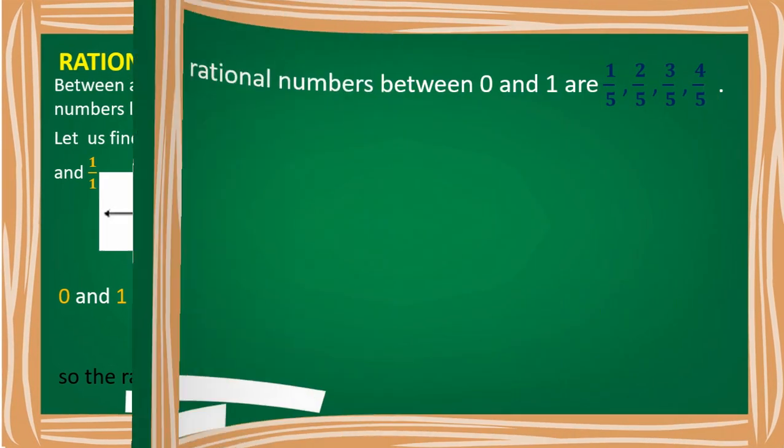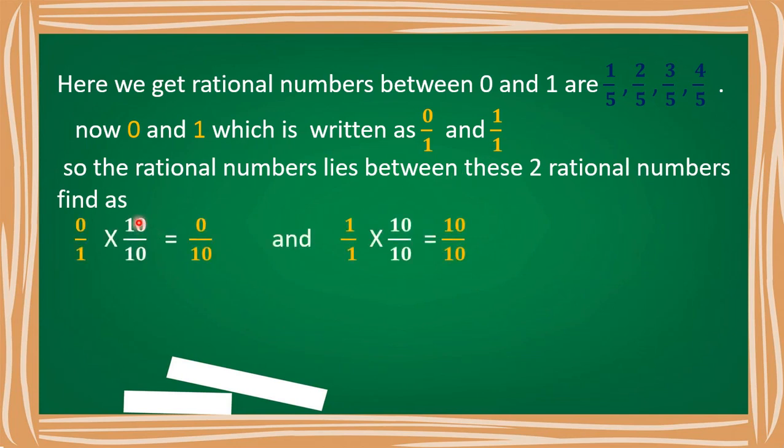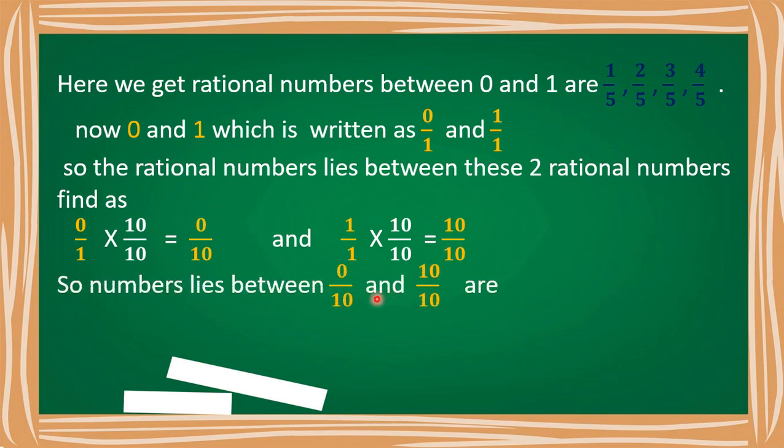In the same way we can write 0 upon 1 and 1 upon 1 with denominator 10. How? 0 upon 1 we multiply by 10 by 10, so it becomes 0 by 10, and 1 upon 1 we multiply by 10 by 10, so we get 10 by 10. Now we have to find the rational numbers between 0 upon 10 and 10 upon 10. We divide the number line between 0 and 1 into 10 equal parts.